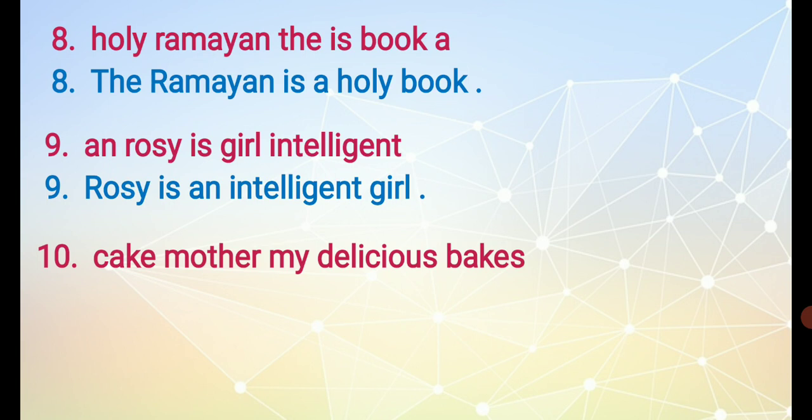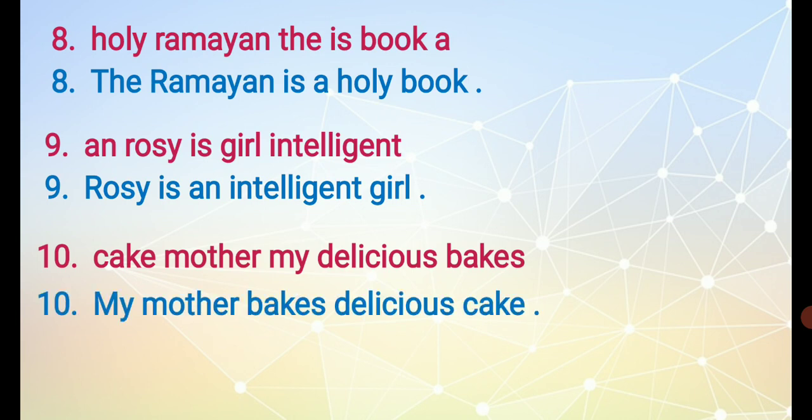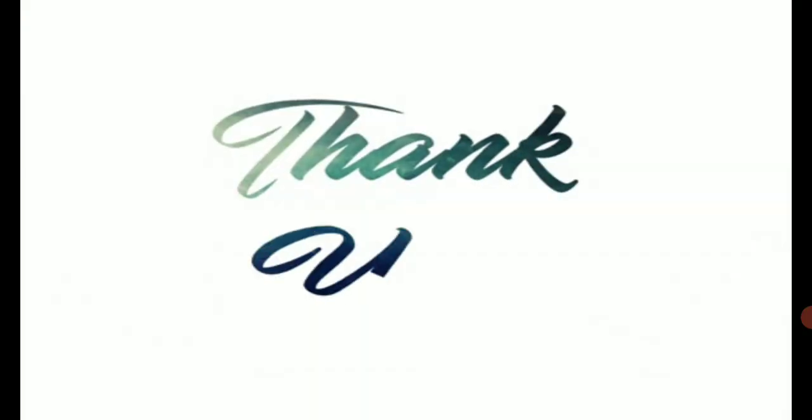And we already know that we put the adjective before the noun. So what will be the answer? "My mother bakes delicious cake" will be the answer of this sentence. I hope you have understood how to arrange a group of words and make a sensible sentence.